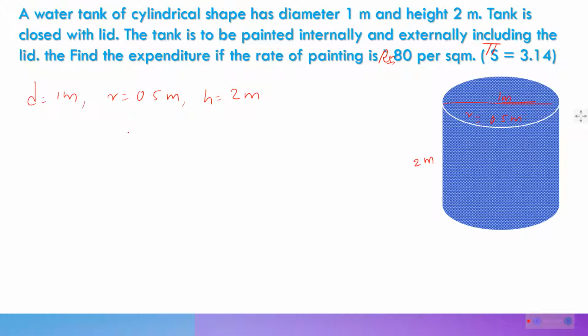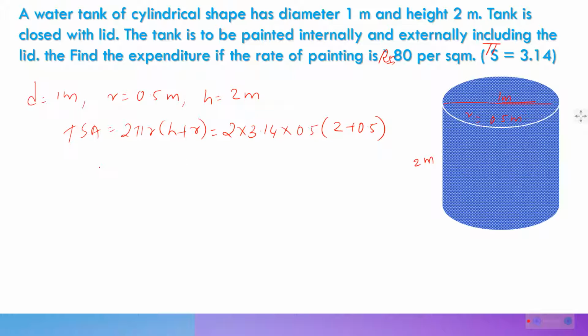So we are asked to paint it completely. That means TSA to be calculated, 2 pi R into H plus R to be calculated for area. In that case, 2 into pi value is given as 3.14 into R is equal to 0.5 into H is equal to 2 meter plus 0.5 meter.